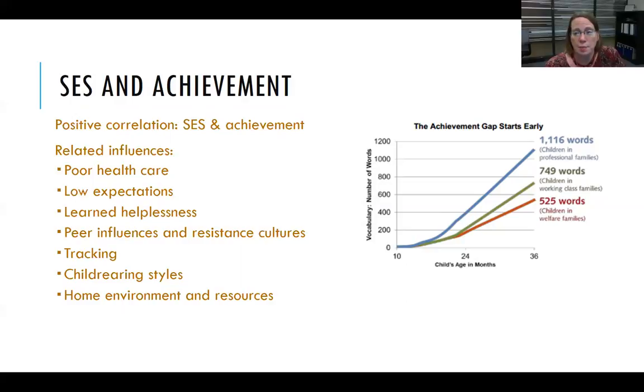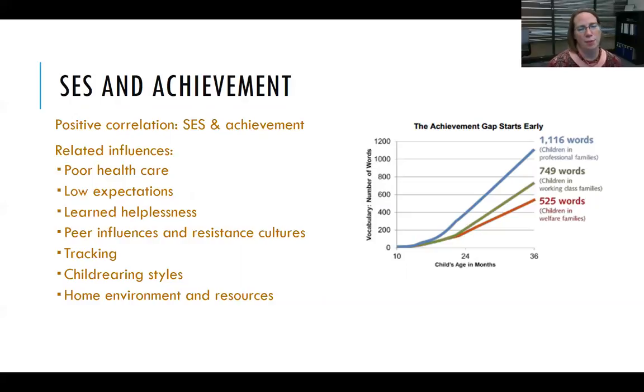I have no stats to back that up. That is something that came from the textbook. And then home environment and resources, and we've really kind of brushed on all of those while working through the different bullets.